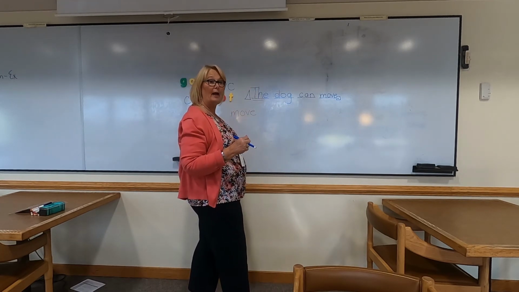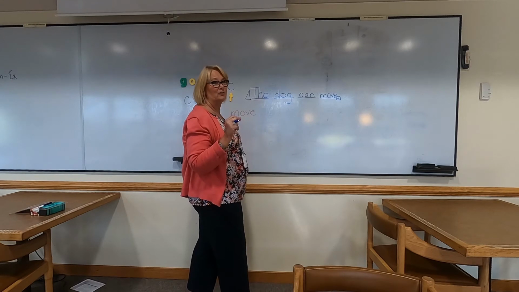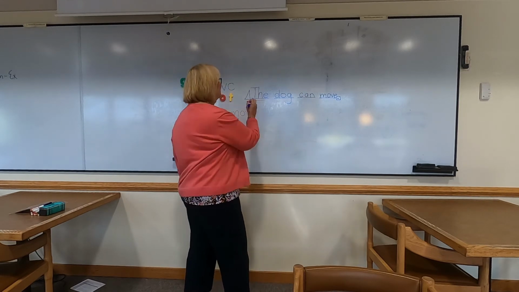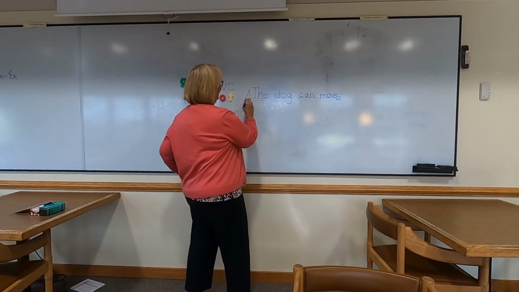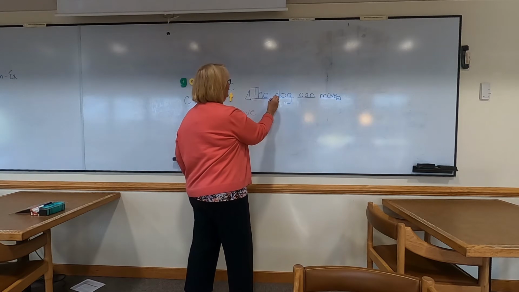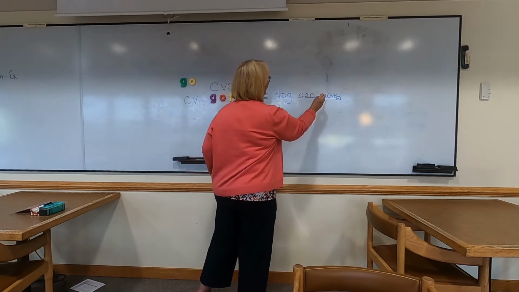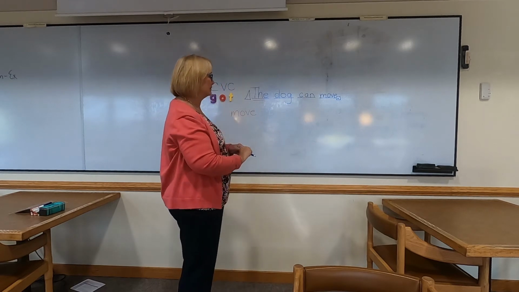You always go back and reread it to make sure that it makes sense and that you have all the words and that it's spelled correctly. Plus your uppercase and your punctuation. So do I have my uppercase letter? Yes, I do. The dog can move, and I have my punctuation mark at the end.